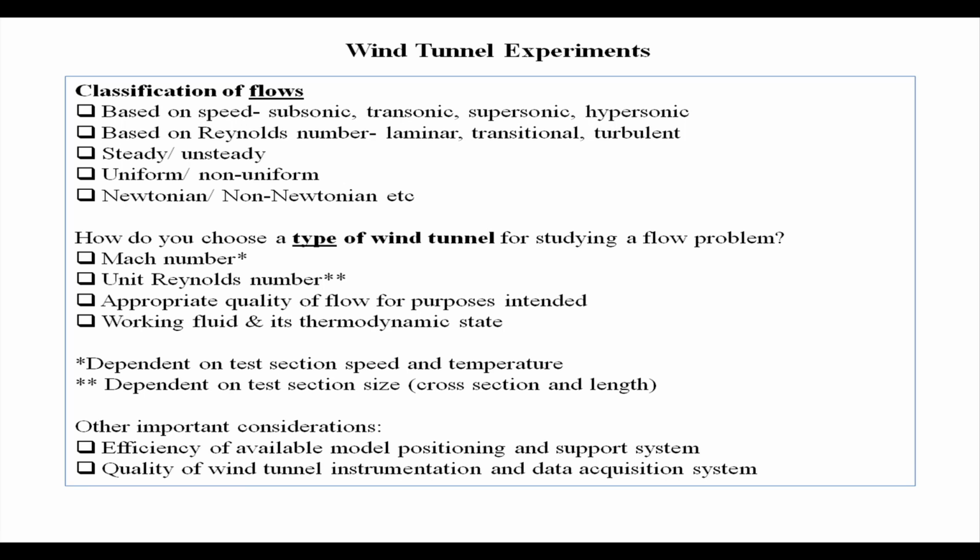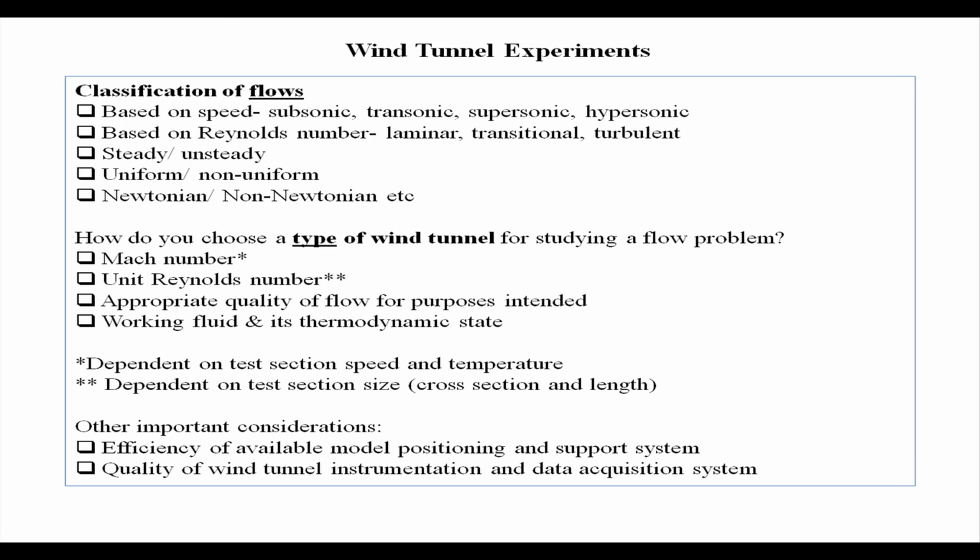You are all aware of these points which I have jotted down here, different types of flows, their classification. One possible way of classifying them is the speed range which we are looking for in the test section of the tunnel. Could be subsonic, transonic, supersonic, or hypersonic.